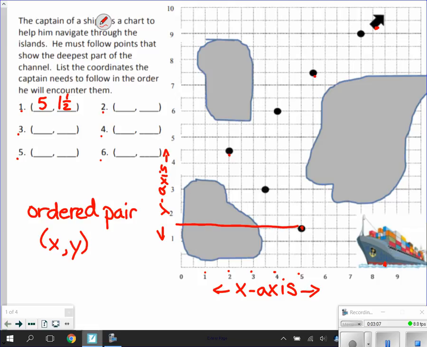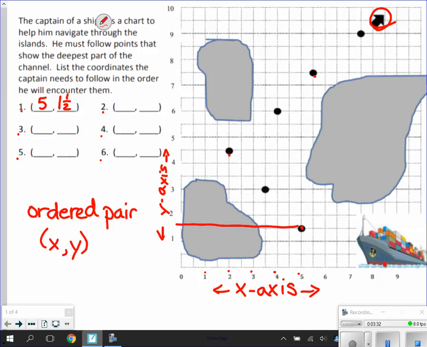So what I want you to do is, with your partner beside you, come up with the numbers, the ordered pairs, to create the path that the boat would have to follow in order to get there.